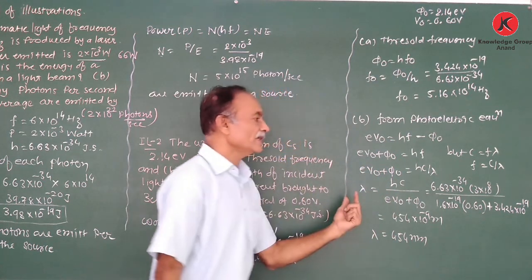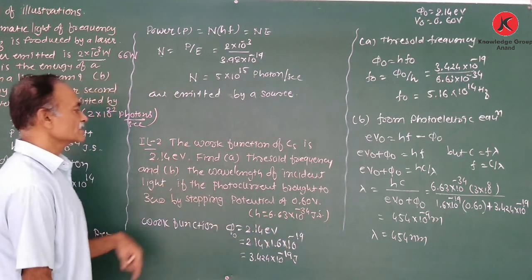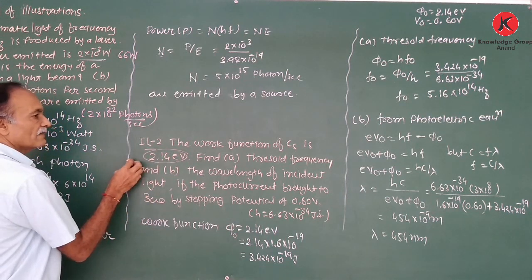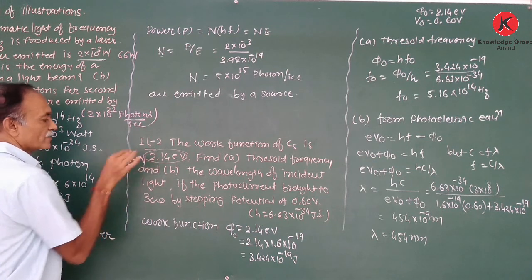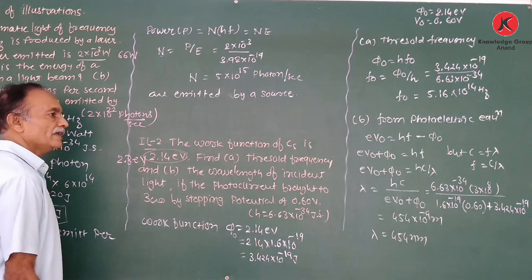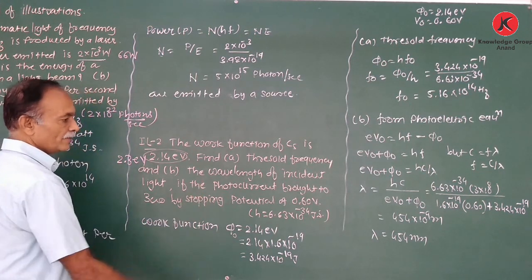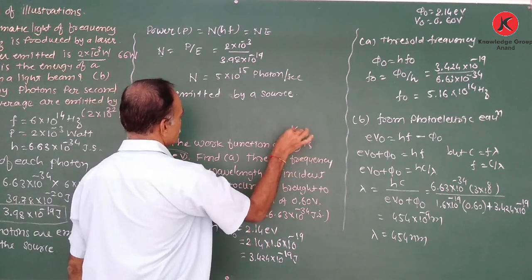Sometimes the numerical is also asked by changing the values. Here the work function is 2.14. For homework, suppose the work function is given as 2.3 electron volt, and the stopping potential is given as the same value, 0.60 volt. Instead of cesium, here potassium, K, is given.